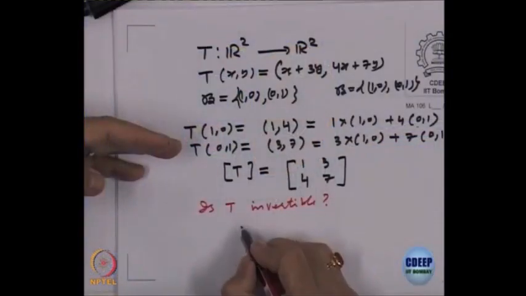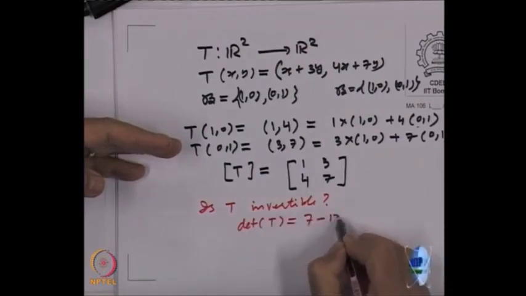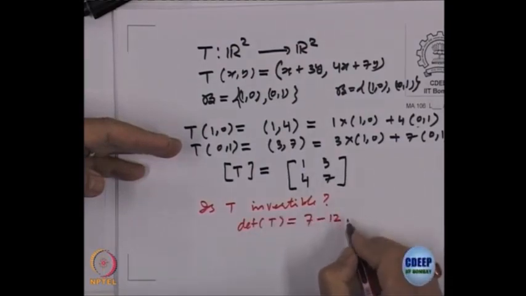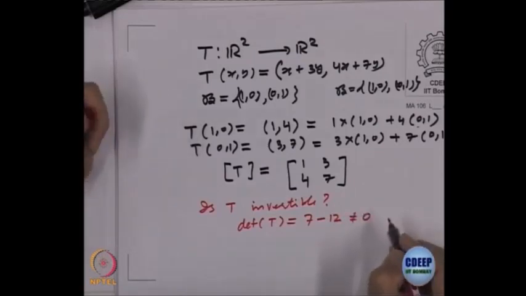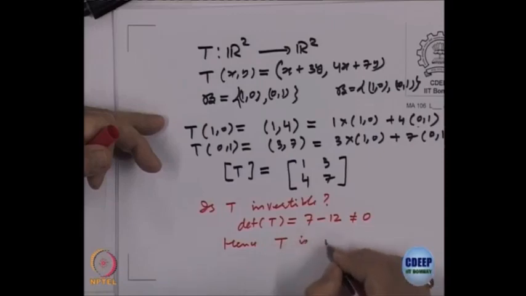For a 2 by 2 matrix the calculation of the determinant is very easy. So, what is the determinant of this? 7 minus 12, which is not equal to 0. So, hence T is invertible.